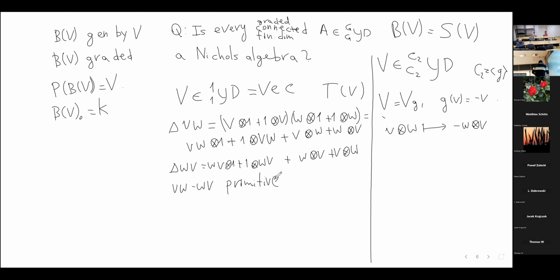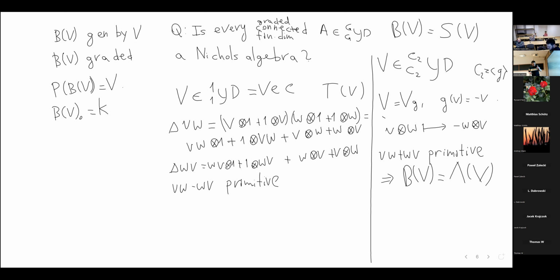Then when we try and calculate what we get for the Nichols algebra, we get something very similar. We get that VW plus WV is primitive. And from this we deduce that the Nichols algebra in this case is just the exterior algebra on V. And in general, you have like VW minus the braiding of... Of course not.